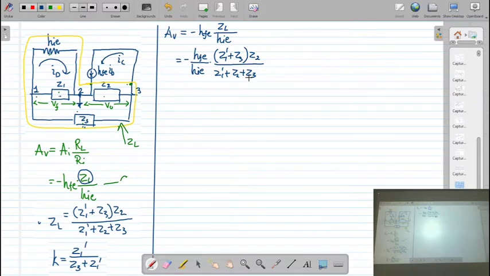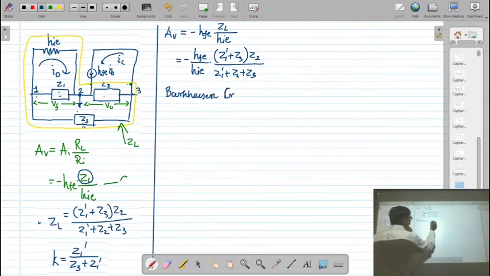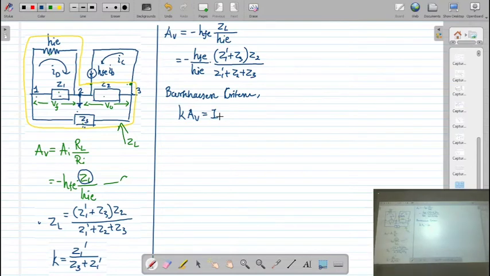Now feedback factor is this. So now we can write the Barkhausen criteria. What is the Barkhausen criteria? That is K into AV is equal to 1. Correct? So we put this value of K. K is nothing but it is Z1 dash divided by Z1 dash plus Z3.